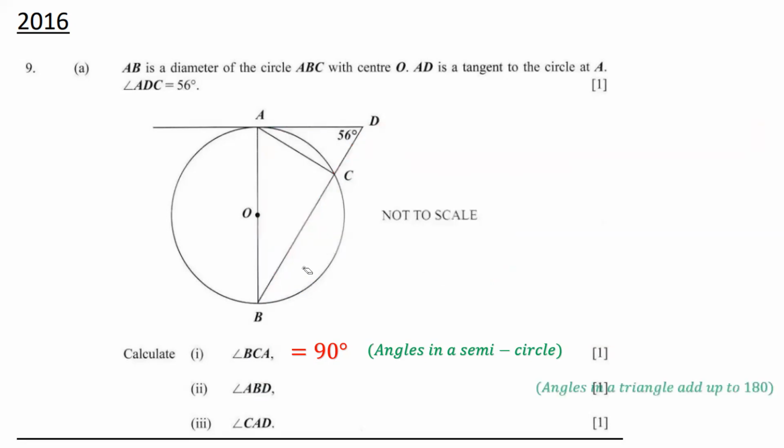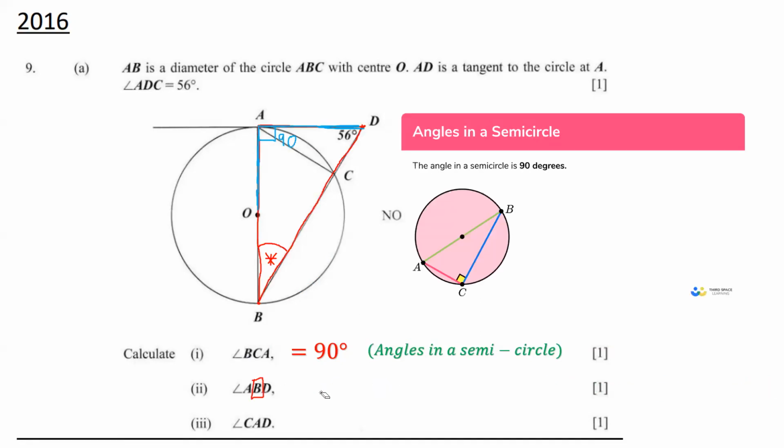So we have 180 minus, let me go back to this original one, 180 minus 90 plus 56.